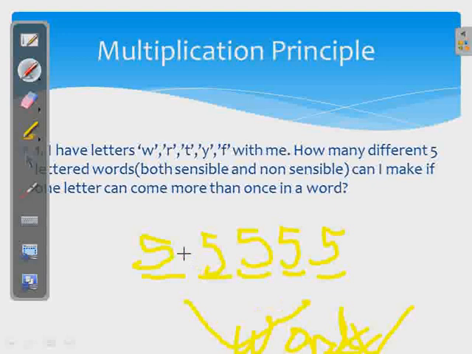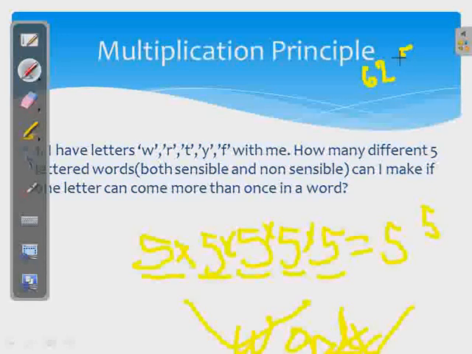So by principle of multiplication, we can multiply this, and our answer will be 5 to the power 5, which is 5 times 5, 25, 25 times 25, 625, and 625 times 5. I do have a calculator here. 625 times 5 is 3125.